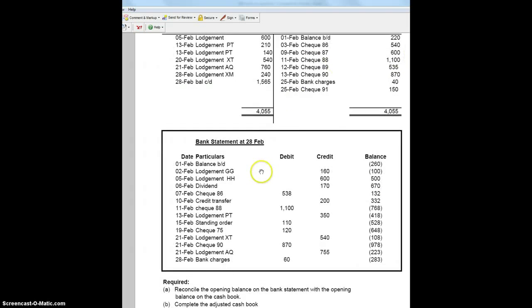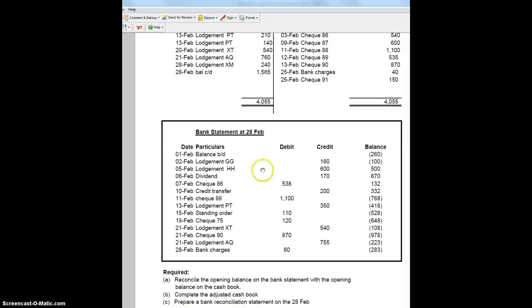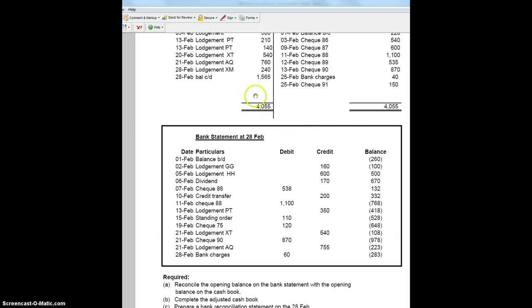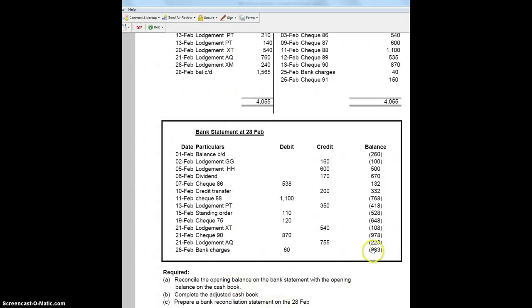Then we have to complete the adjusted cash book, which means the closing balance is 1565 down here, and to redo that, adjust that, and then for the bank reconciliation statement, we're going to adjust this closing balance for any items not yet presented for payment or anything not processed yet by the bank.